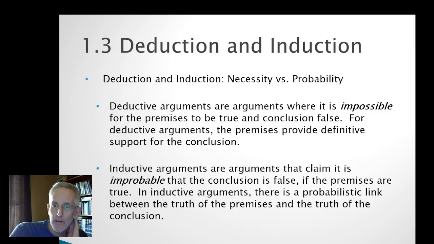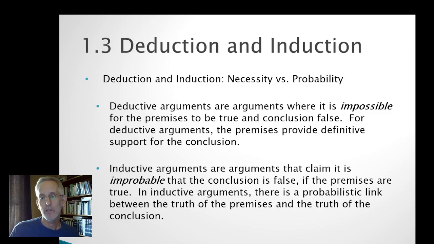Okay, so let's start with the definitions of basic deductive and inductive arguments. A deductive argument is an argument where it's impossible for the premises to be true and the conclusion false. So for deductive arguments, the premises provide definitive support for the conclusion. A poorly constructed deductive argument wouldn't meet this standard.